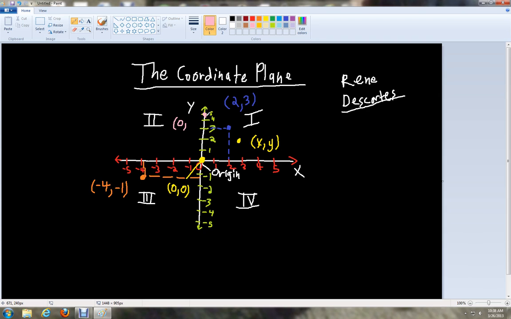And then I went up 5 units for y. So my ordered pair, or my point, would be 0, 5.